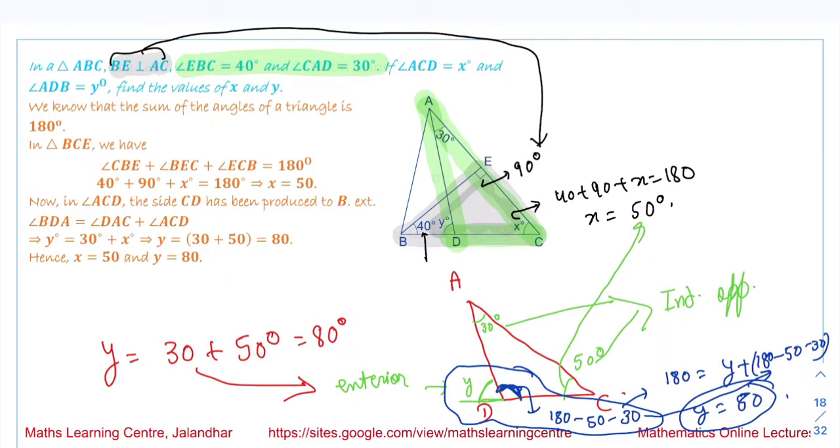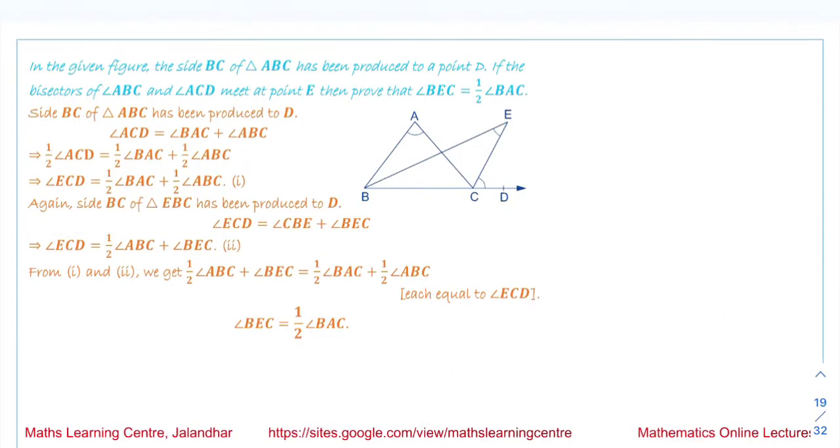Now next we are given a triangle ABC. It is this triangle. This is AB, AC. This is our triangle ABC, and the side BC is produced to the point E. Now we are given two angle bisectors over here.